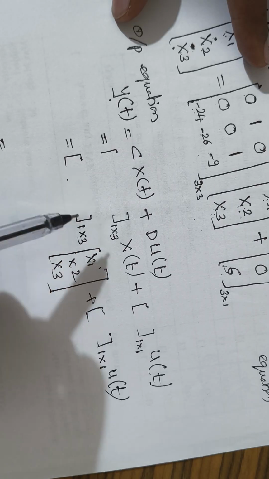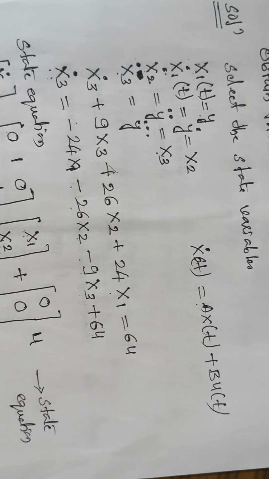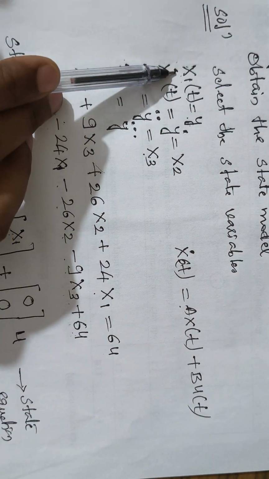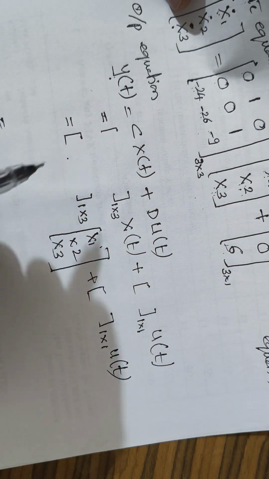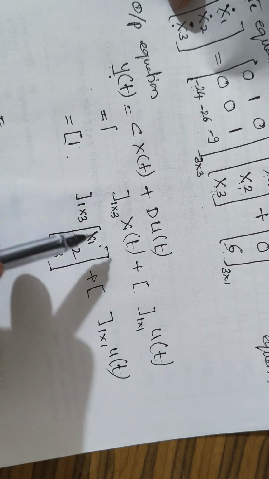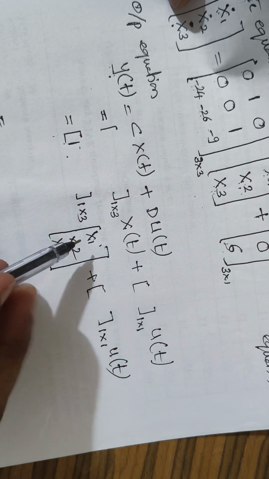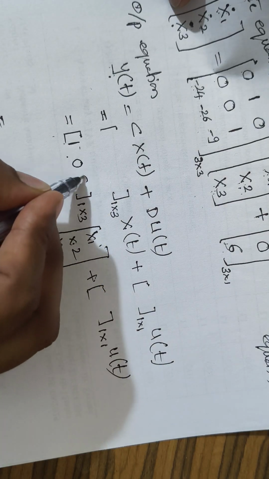So now we'll fill this. Y of t is equal to x1 of t. Therefore here, y is equal to 1 into x1. Then you don't have any x2 term or x3 term, therefore it will be 0.